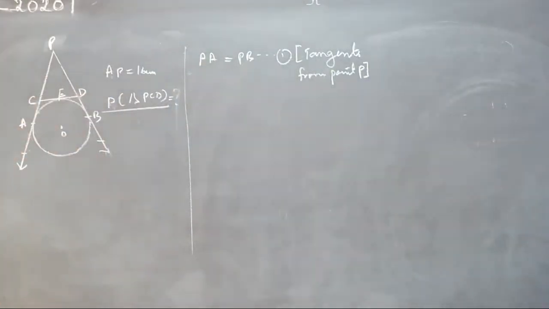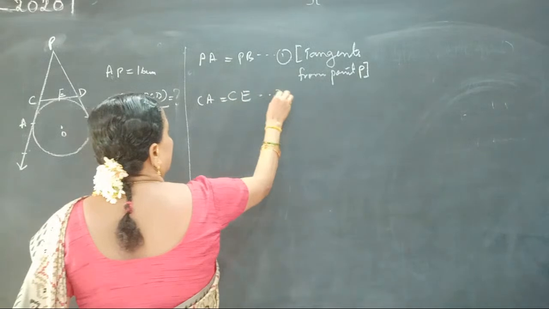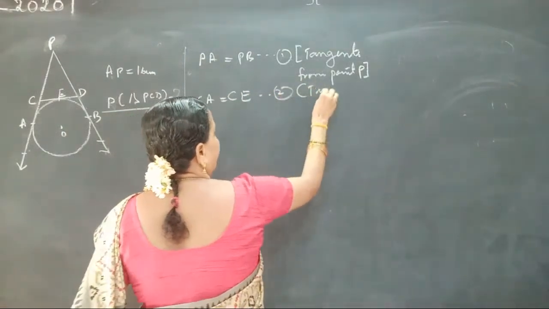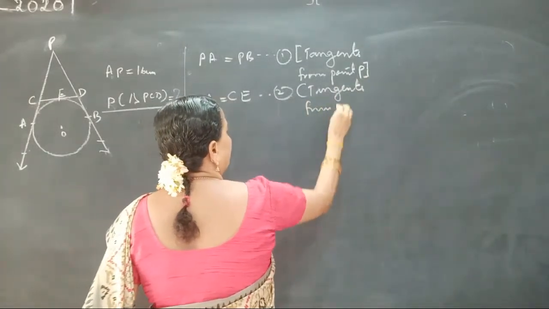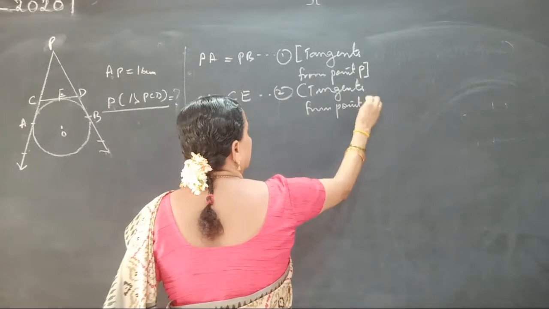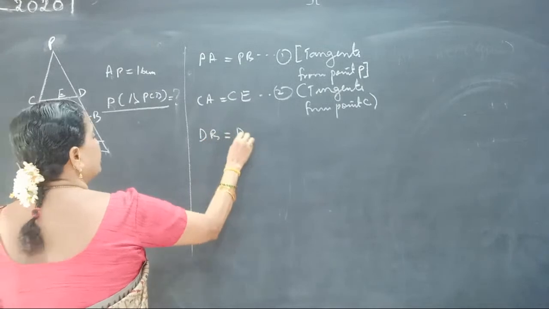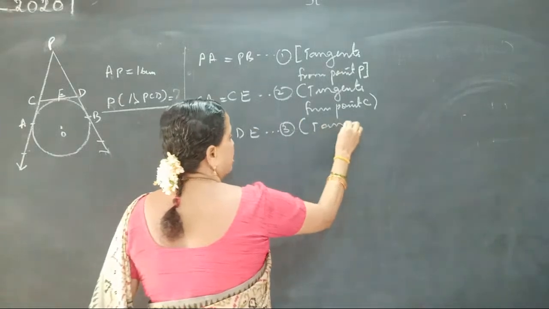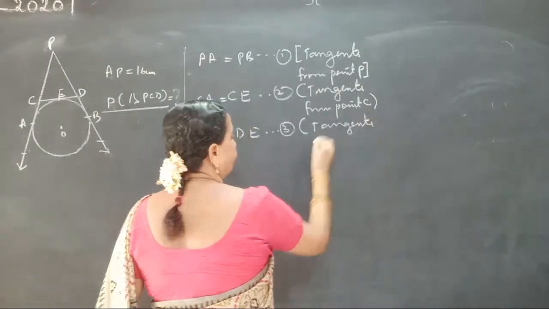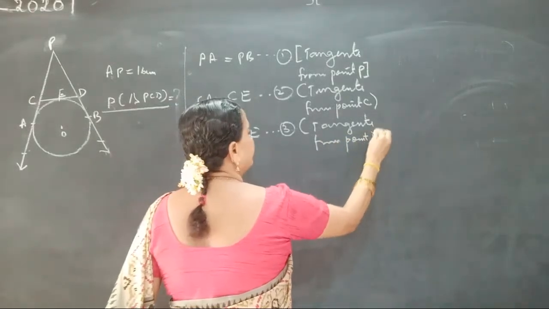Then CA equals CE, result 2, tangents from point C. Then DB equals DE, result 3, tangents from point D.